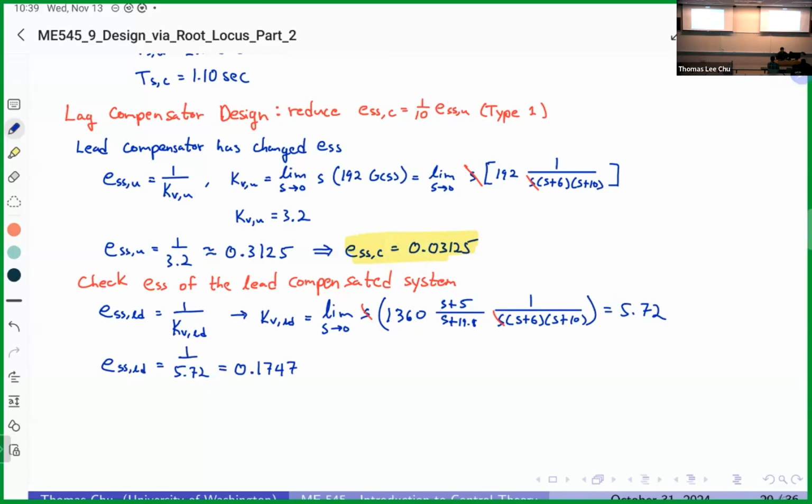So by adding a lead compensator, we have changed the steady state error, so we actually need to reduce the steady state error by a smaller factor. We don't have to reduce it by 10 times. We need this value to get to 0.03125. Are there any questions?